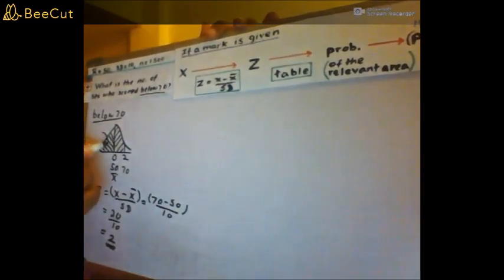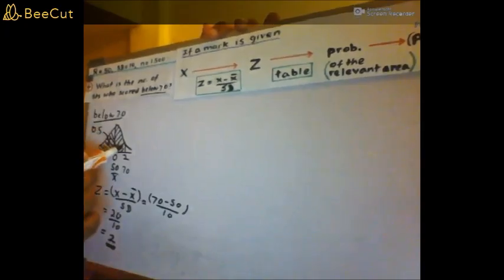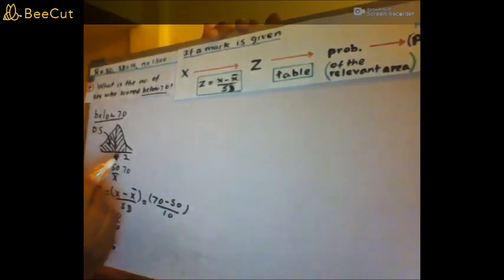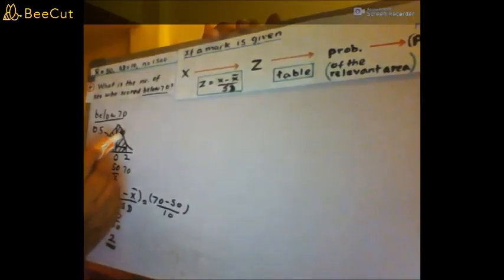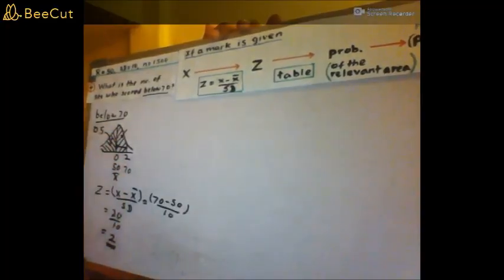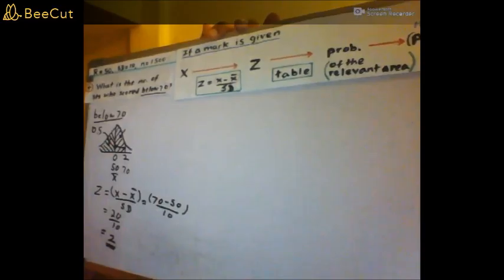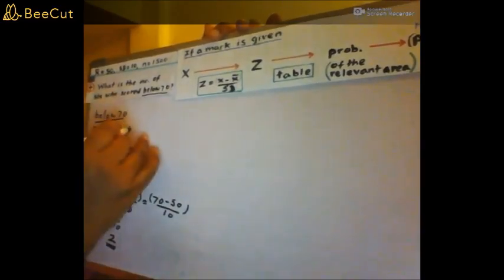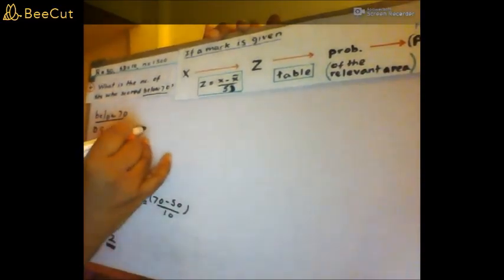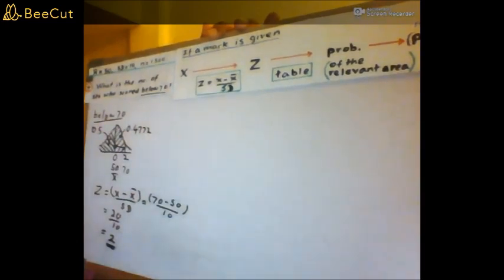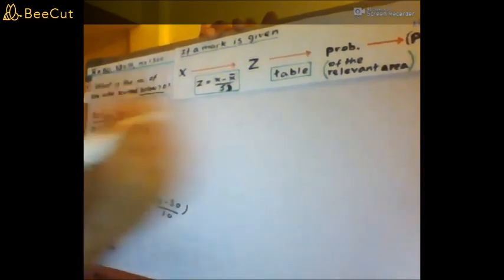Now from the table we have to find the probability of the shaded area. This part you know, that is 0.5. This section you know because that Z value is there. So what is the probability for Z equals 2? It is 0.4772. Now write the lines.